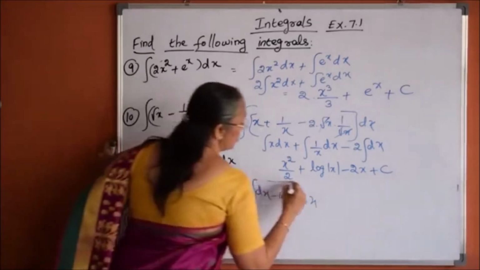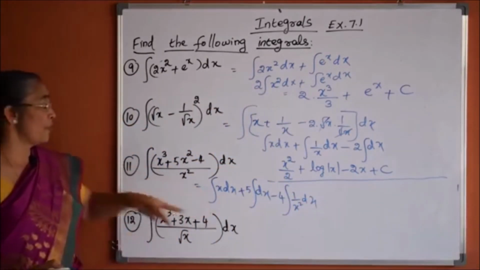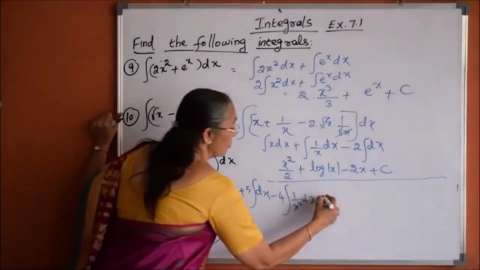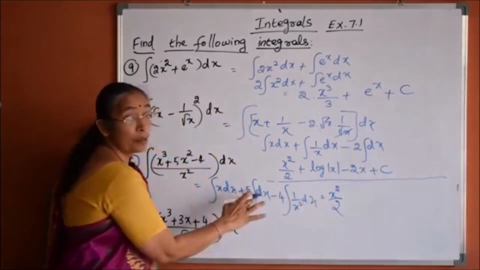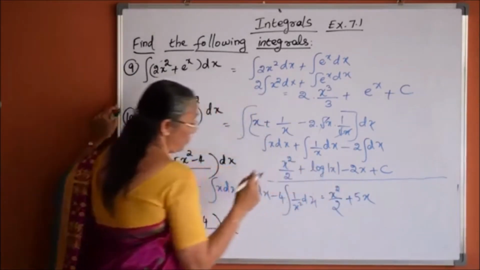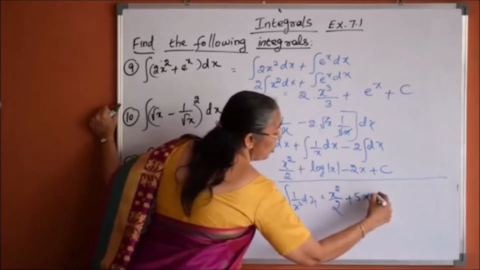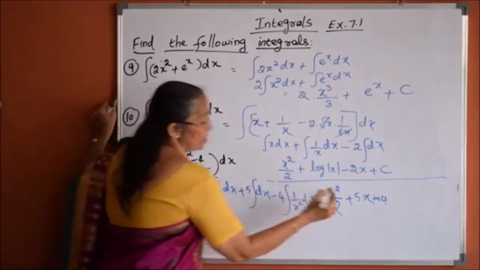Now, integration of x dx is nothing but x square by 2, plus 5 times integration of dx, which is 5x, minus 4 into integration of 1 by x square dx.